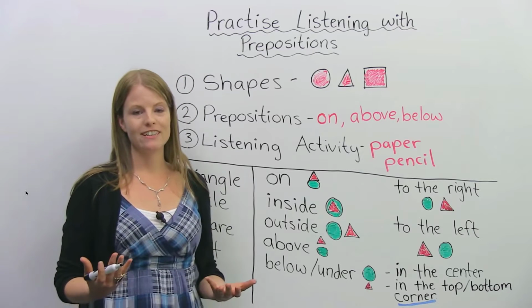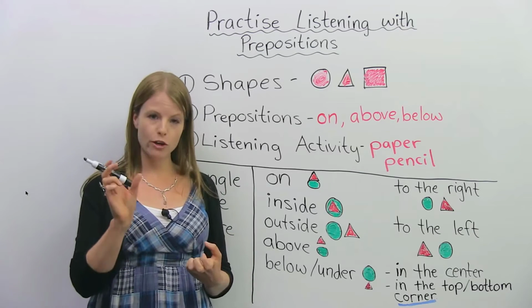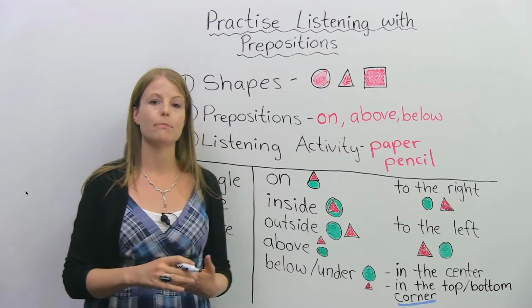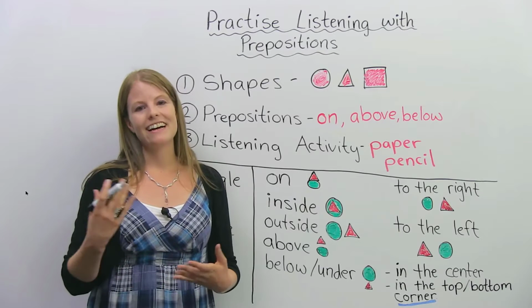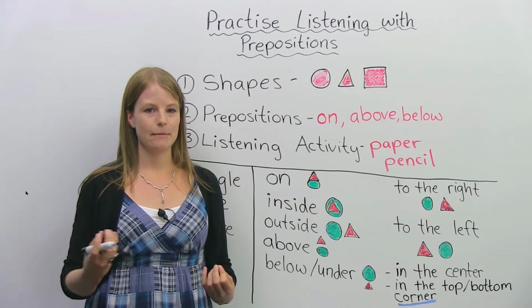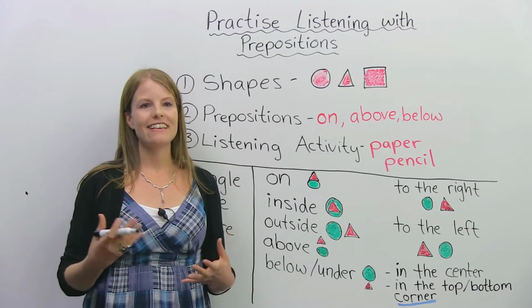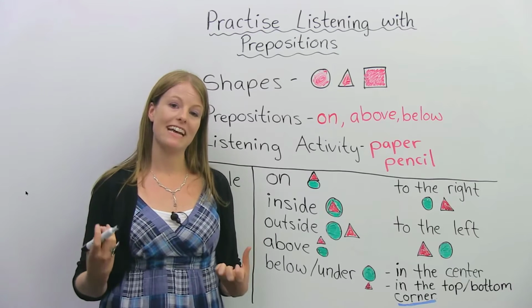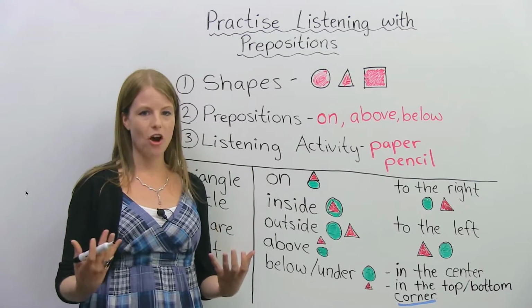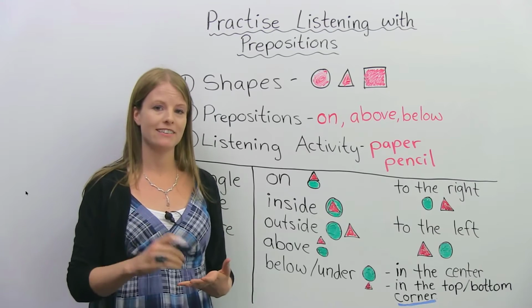So a preposition is a short word that shows the relationship between two things. That's confusing to a lot of students. An easier way I like to think about prepositions is they can describe where something is. So they often answer the question of where.